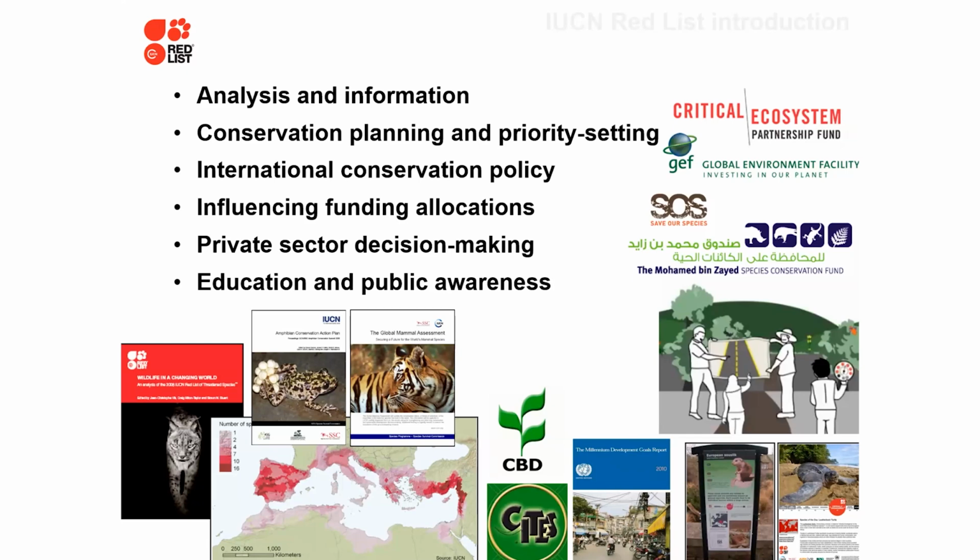One of the most important roles of the Red List is that it is a communication tool, because it highlights the importance of biodiversity and healthy ecosystems to the public, private sector, politicians, etc. One of the strengths of the Red List is that it doesn't just focus on threatened species, but can also be used to highlight other species, like those with insufficient information, some that are least concern, or some that are listed as near threatened.